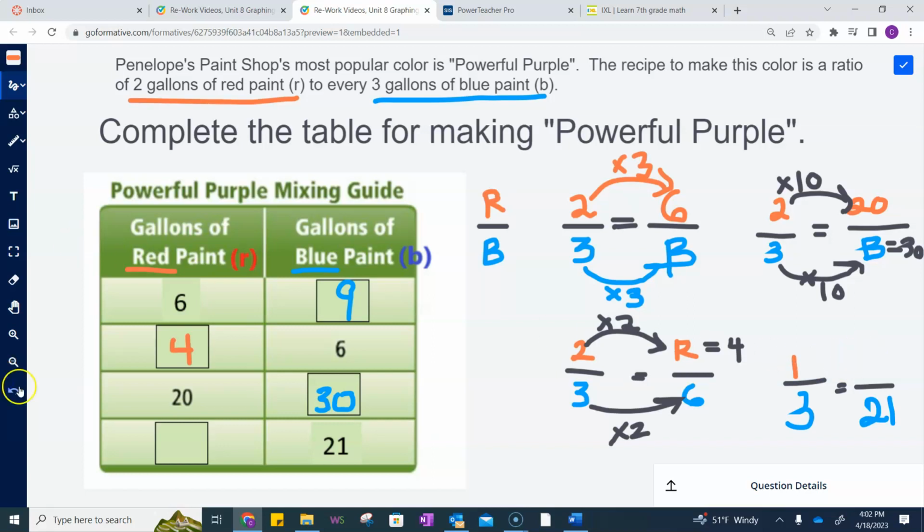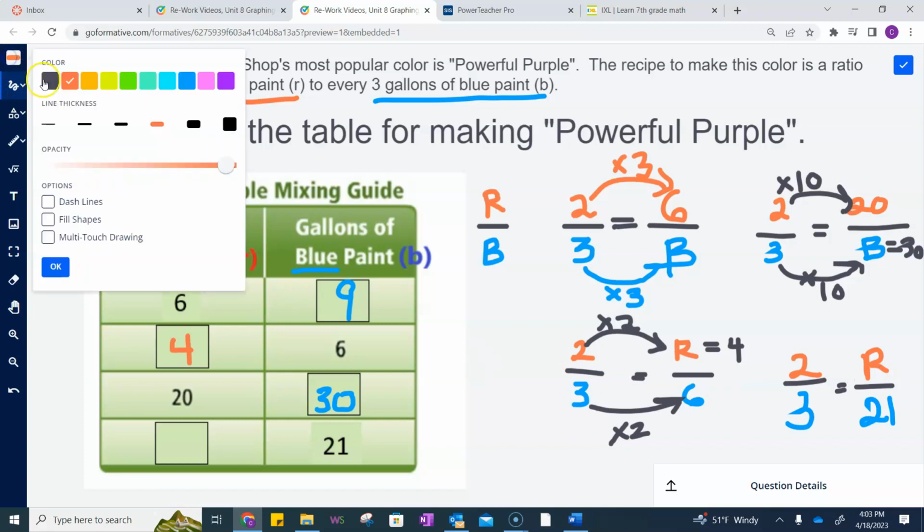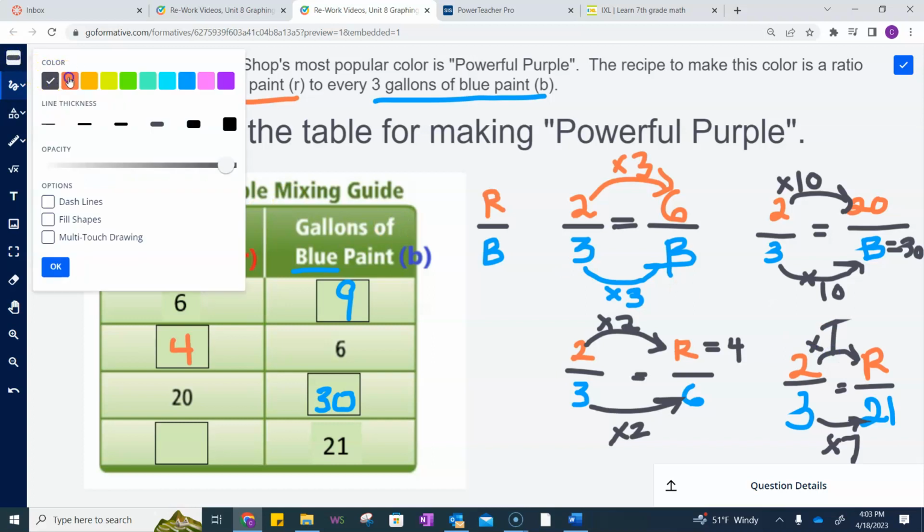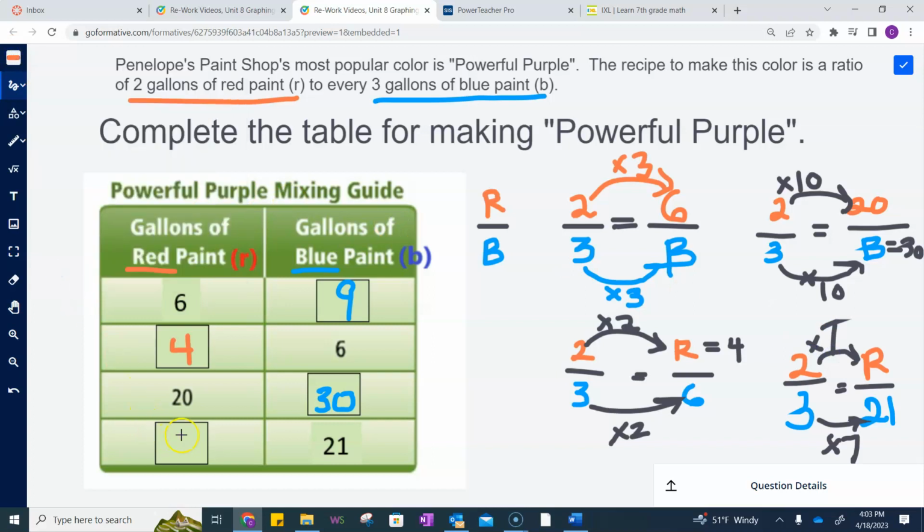Oops, that should have been a 2. 2 to 3, that's the recipe. Well, I scaled my blue paint up 7 times. So I need to scale my red paint up 7 times. So I need 14 gallons of the red to make that shade correct. All right, so there's my table of data. Powerful Purple.